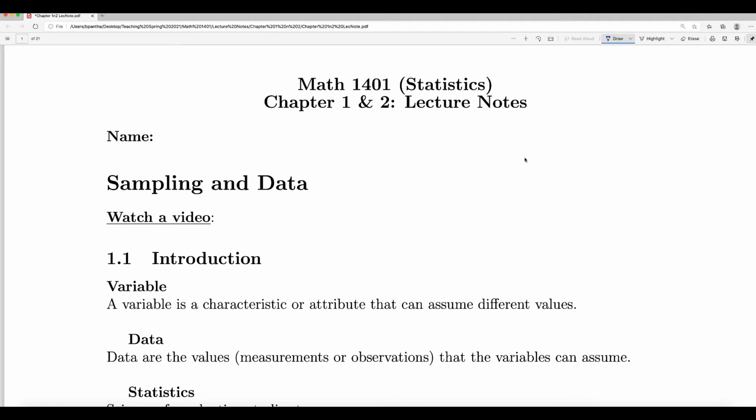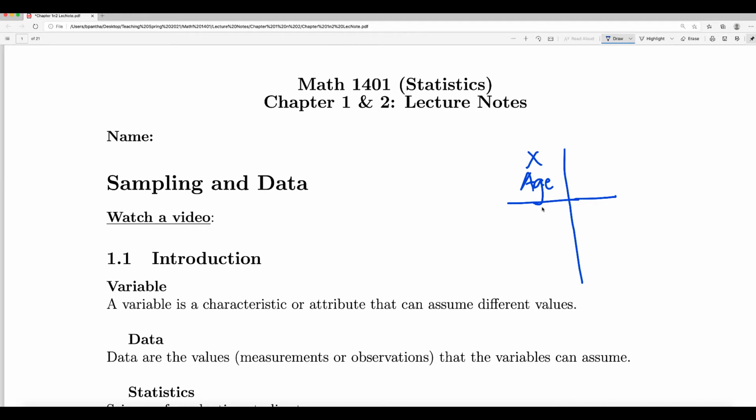So you can denote that age by X or any other letter, or you can just write age instead of X. So this is the variable, right? This is how you do that for the variable. And what is the data? Data are the values that the variables can assume. For example, if you were talking about the age of the people that were sick from COVID-19, then you will go and collect the data, right?